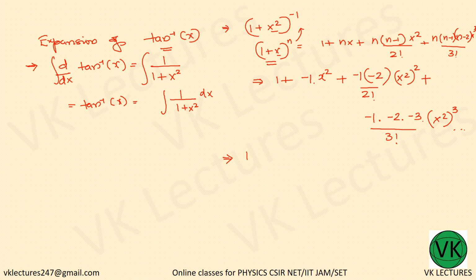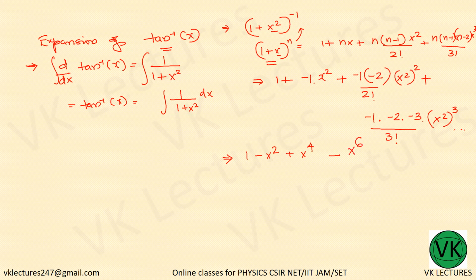Okay, so 1 minus x square, okay, fine. Now this is minus minus plus, so 2 by 2, that is gone. It will be x to the power 4, so plus x to the power 4. Then the next term minus would be there because 3 terms are there, so x cube, so x to the power 6.